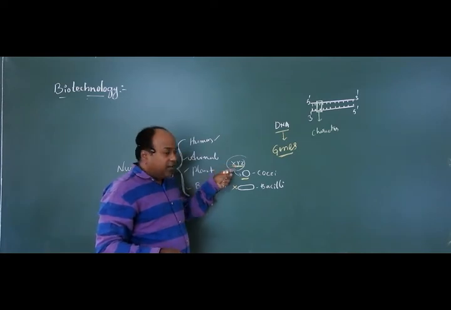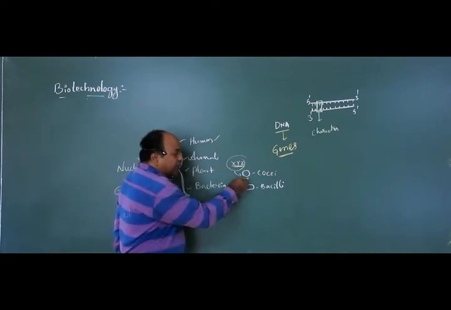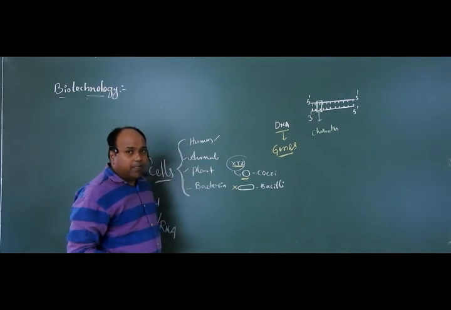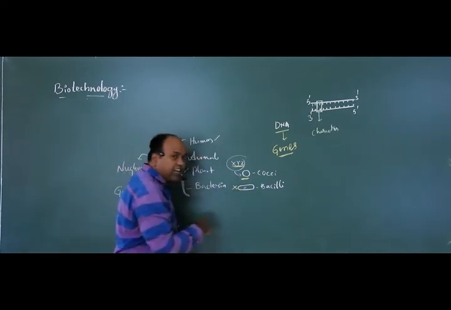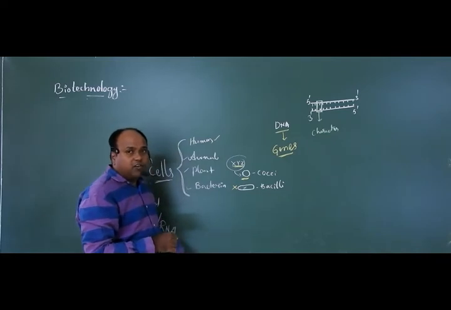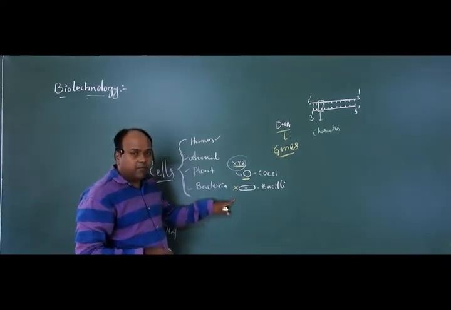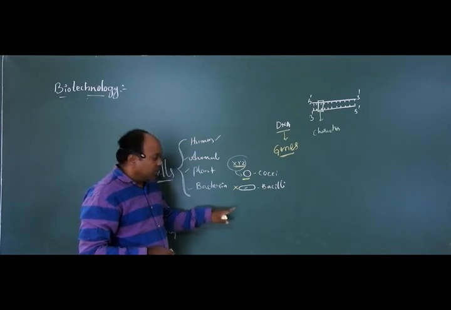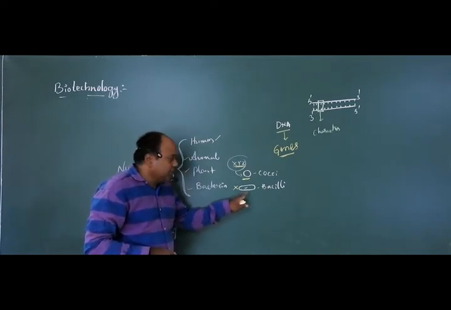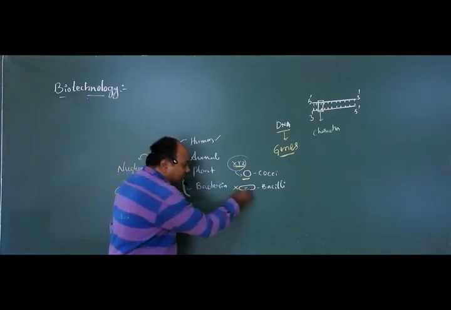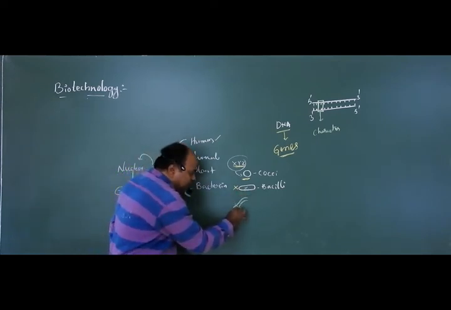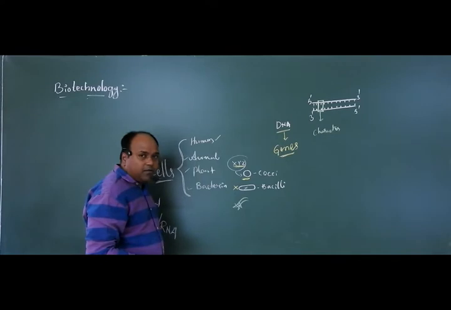So that's why it is able to survive in the presence of this antibiotic. But this bacteria, which is bacilli, is not having that gene. In this bacterial DNA, the gene is absent.